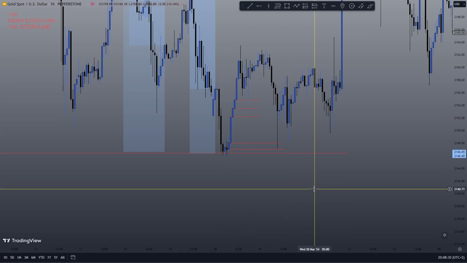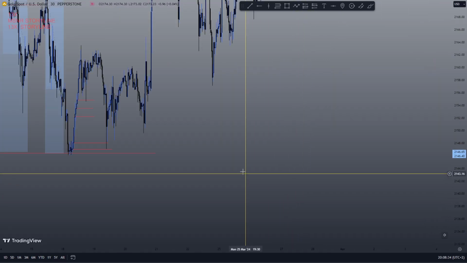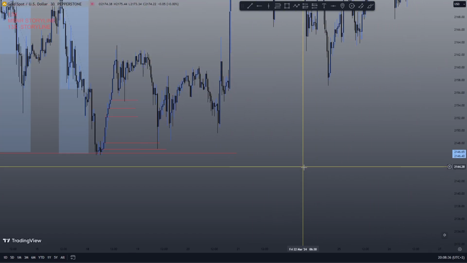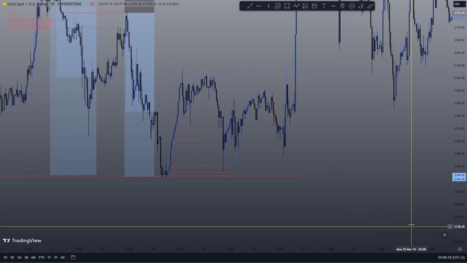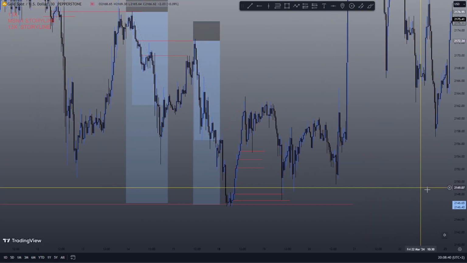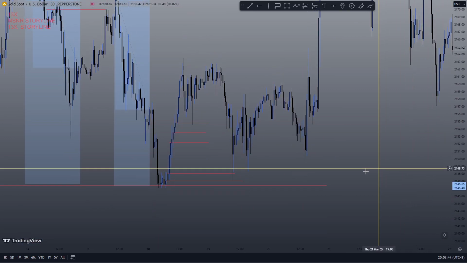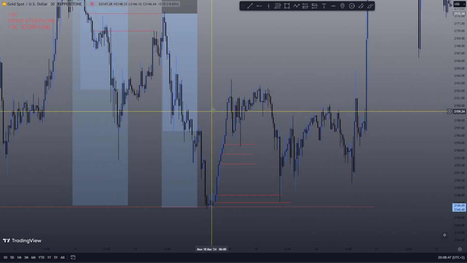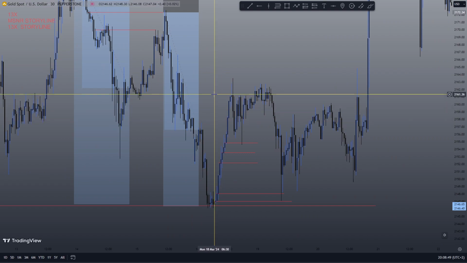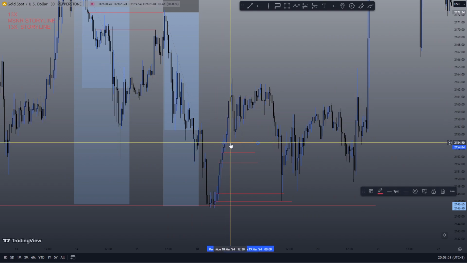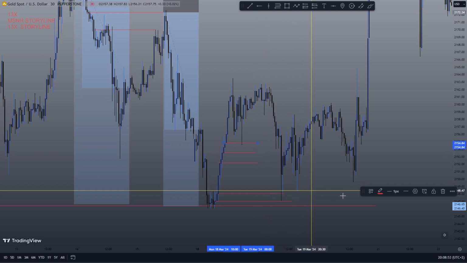Let's go to 13 minutes. Sorry for this one. Price printed our, it's gap to gap, so we don't have anything here.